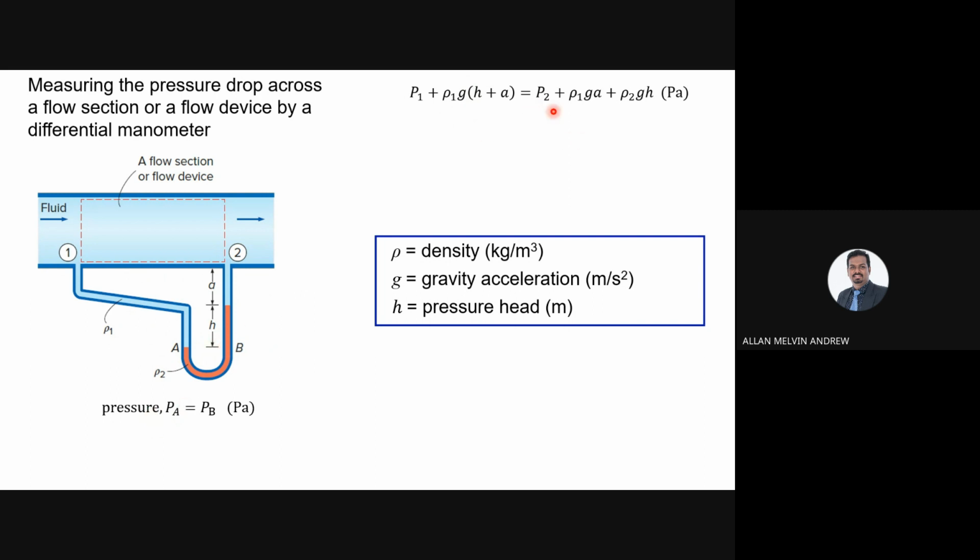Try to find the pressure at 2. You have two different fluid densities.